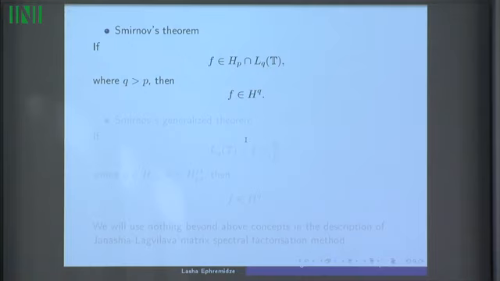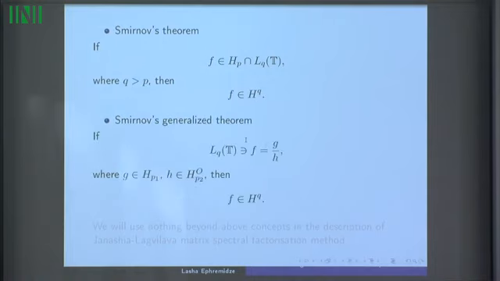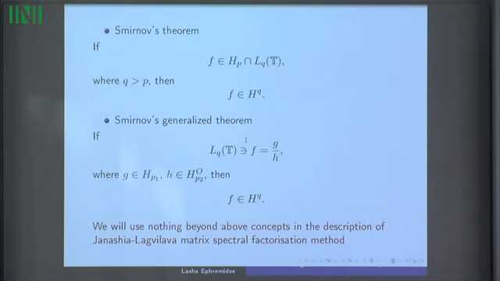This is a brief notation that the function belongs to both classes. Once again, we identify the function with its boundary values. Smirnov's generalization theorem also plays a role: if we know that the function is represented in this form and the denominator is an outer function, which is necessary, and we know that the boundary values belong to L^q, then in fact it belongs to H^q. We will use nothing beyond these theorems during our presentation.